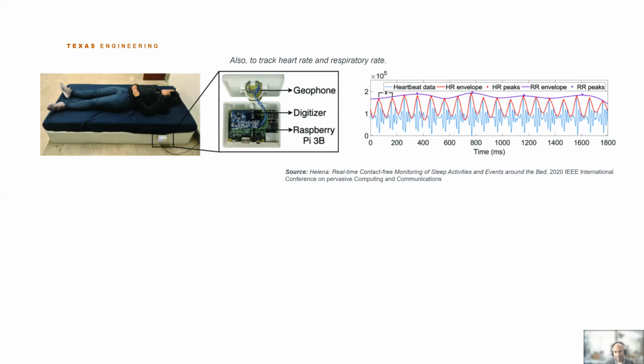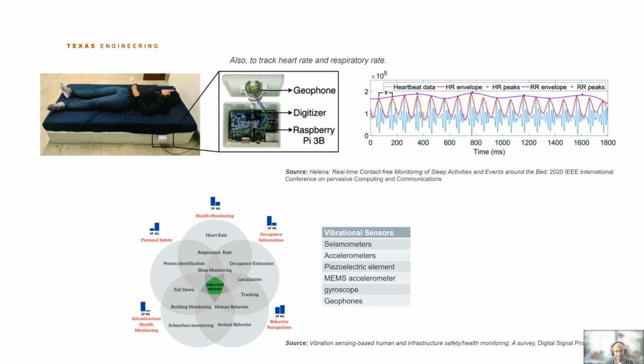So the idea is that humans' physiology as well as behavior generate these really low frequency vibrations, which can be picked up by any of these sensors to monitor a whole host of these parameters.